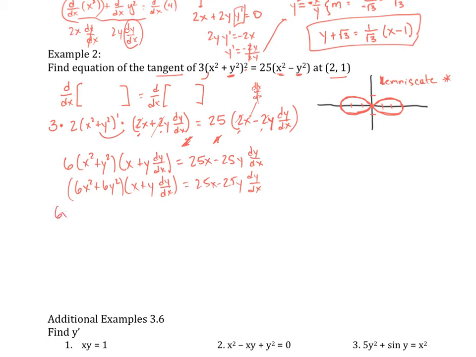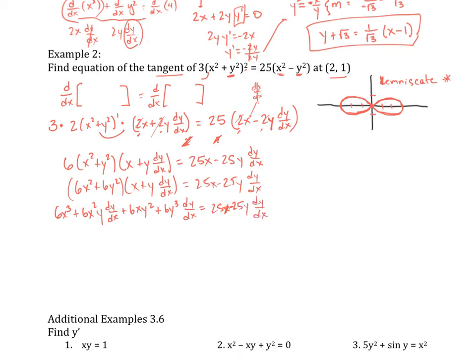So I get 6x cubed plus 6x squared y dy dx plus 6xy squared plus 6y cubed dy dx equals 25x minus 25y dy dx.